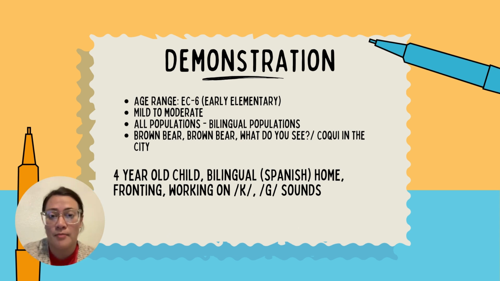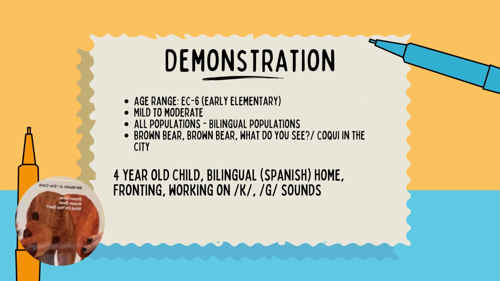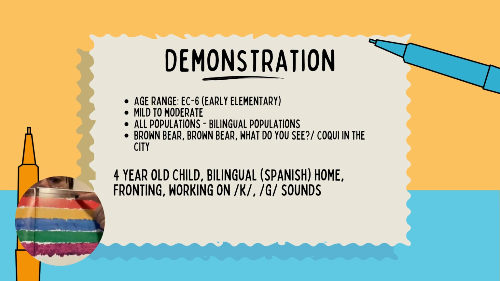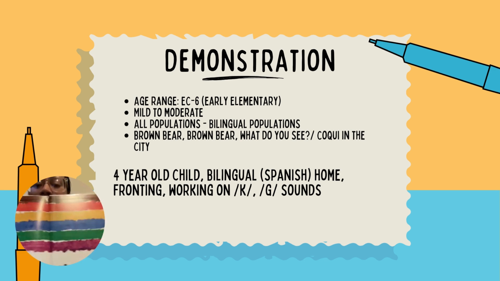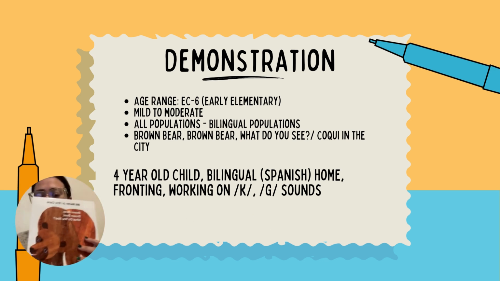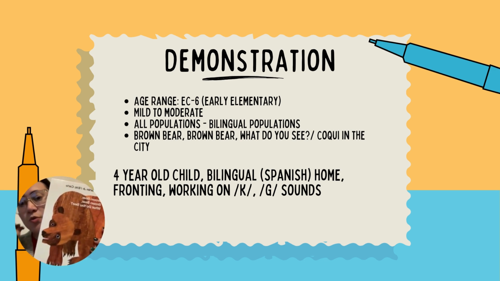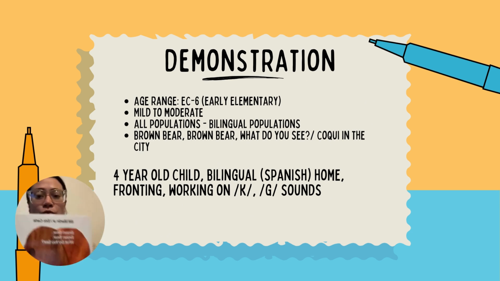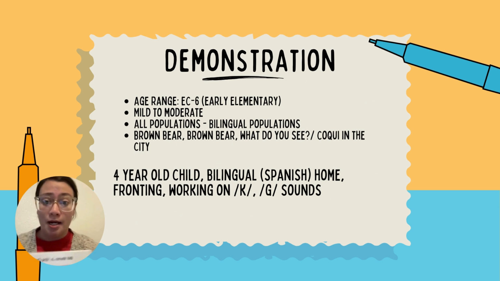So Brown Bear is pretty simple. It's colorful. You can work on describing the colors. For this book in particular, I feel like you would probably use this more with early childhood to maybe early elementary age.